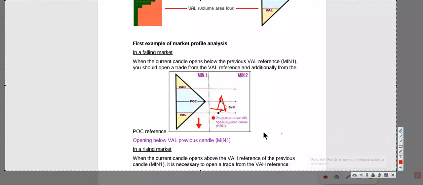And if it opens below the value area low, then let it come up at least to the POC, then it will go down. This is the theory of George.